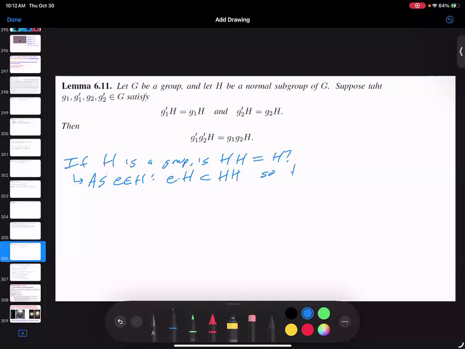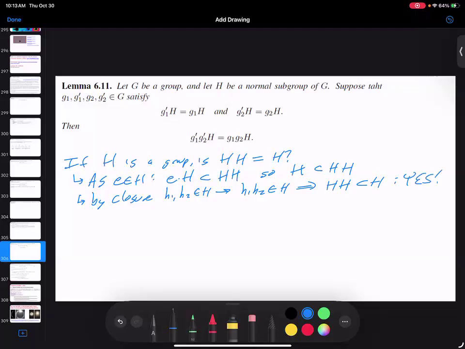So we get H is contained in HH. By closure, h1, h2 in H implies h1h2 is in H. Therefore, HH is contained in H. So the answer is yes.